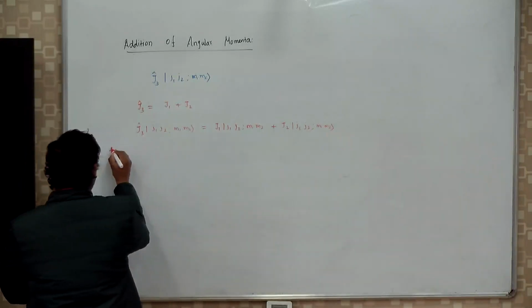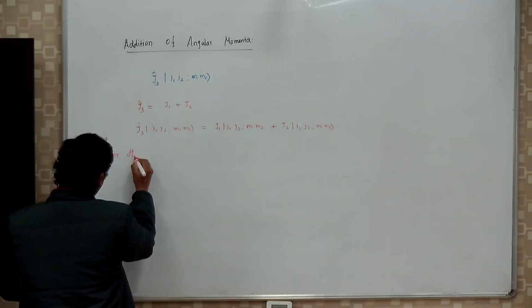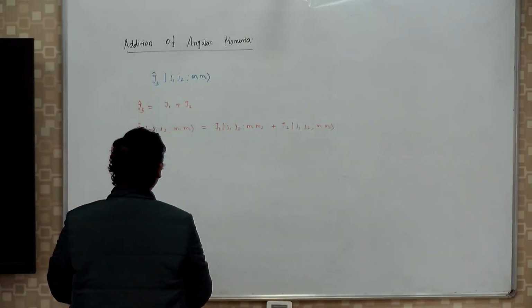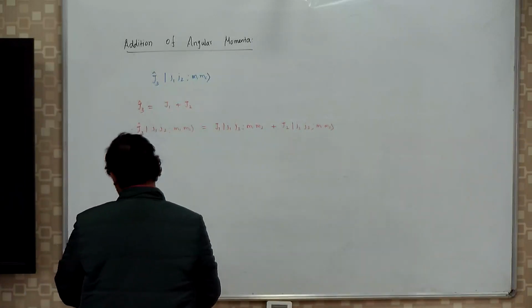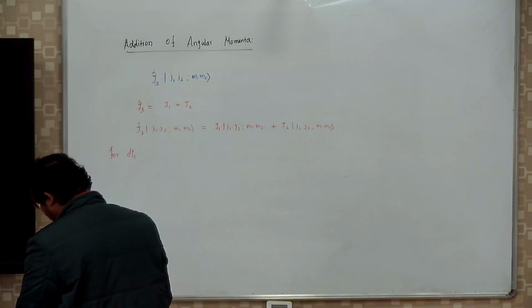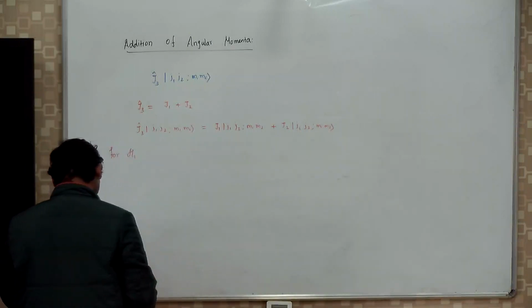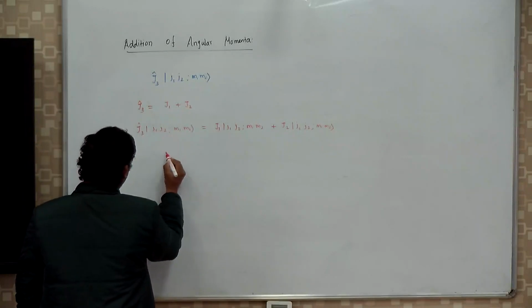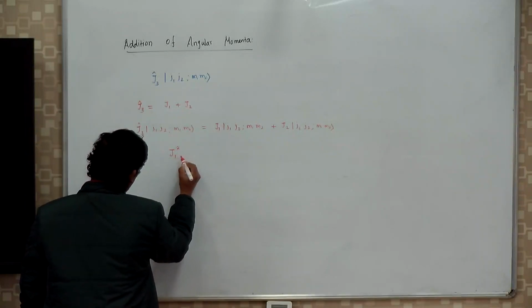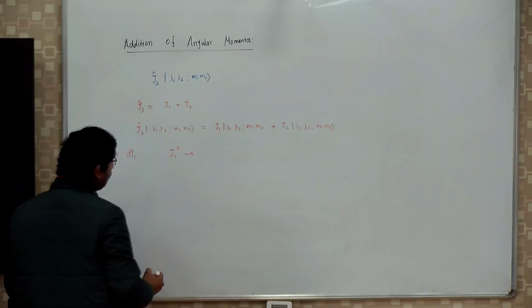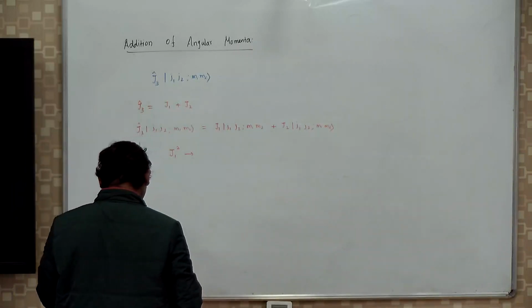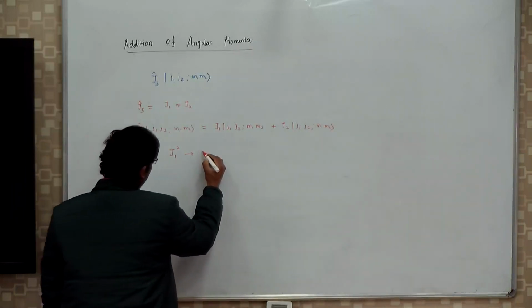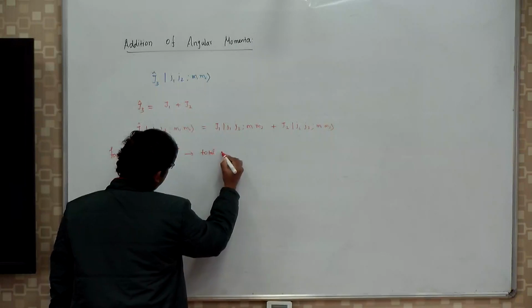For the H1 Hilbert subspace, what are the eigenvalues? So we have to write it. All the possible operators I am listing out for the H1 system. J1 square is the total angular momentum.